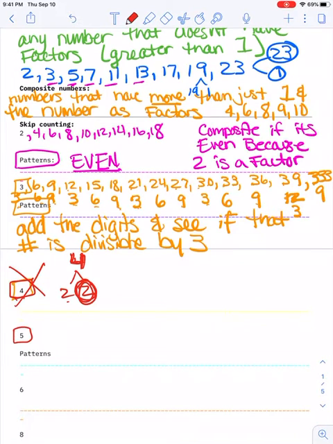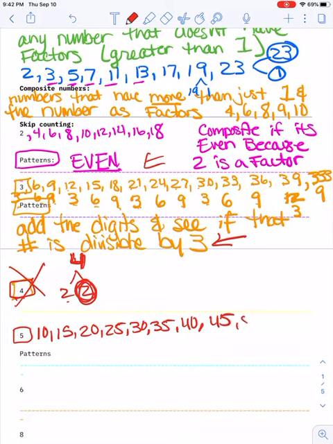5s, we don't need a special rule for 5s, right? We don't need that special rule. Fives. Fives are different because they are not divisible by 3 and they are not even. But let's do some skip counting. 5, 10, 15, 20, 25, 30, 35, 40, 45, 50, 55. To know if this is divisible by 5, what pattern do you see?